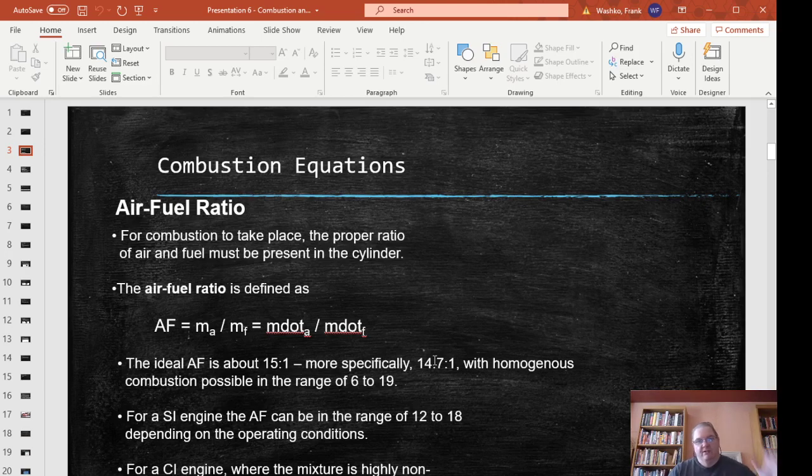It's possible to get gasoline combustion, maybe possible at like 6 to 1, maybe possible at like 19 to 1. But typically if you go too rich, it's not going to run, and if you go too lean, it's not going to run. Think of it this way: if you have too much fuel for a given air, it's not going to burn.